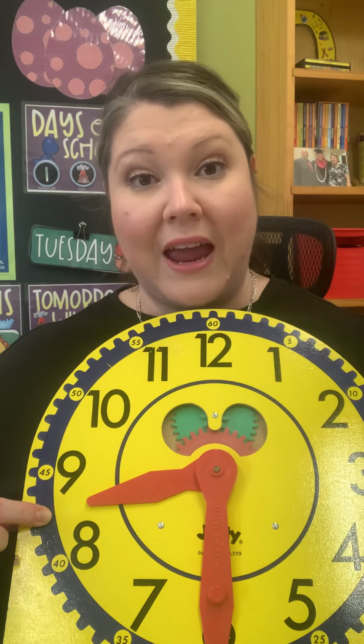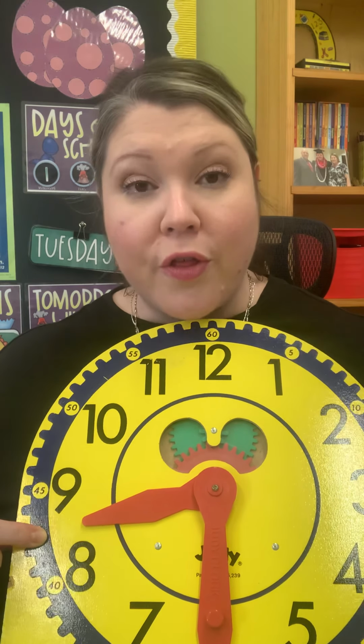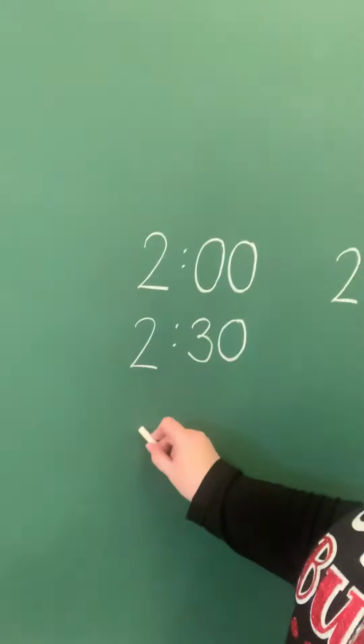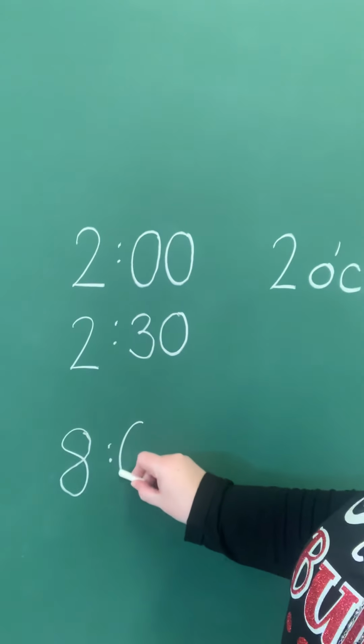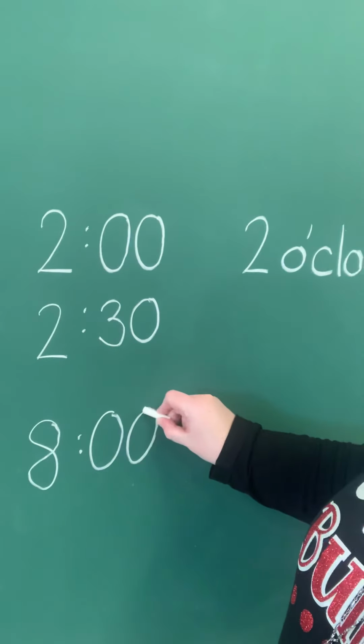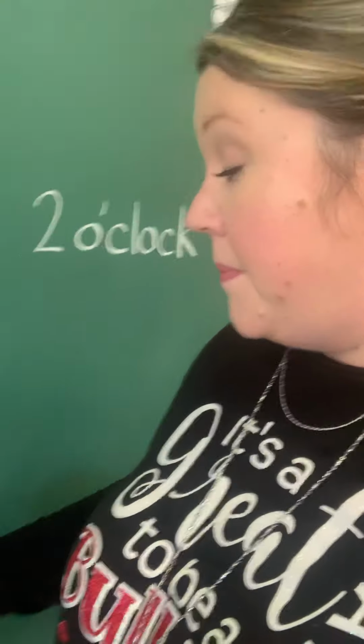So 8:30 equals 8:30. Let's write that on the board. Come with me. Ready? First, let's write 8 o'clock. Now let's write 8:30.